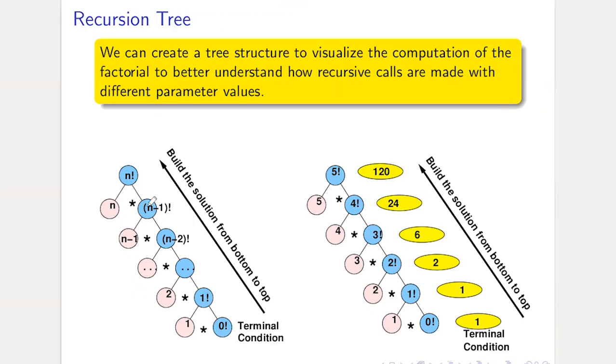Now, factorial of n minus 1 in the next step gets rewritten as n minus 1 into factorial of n minus 2, so on and so forth. And at some point, because this is a reduction by 1 at each stage, it will say 2. Then if this is 2, this would be the factorial of 2 minus 1.